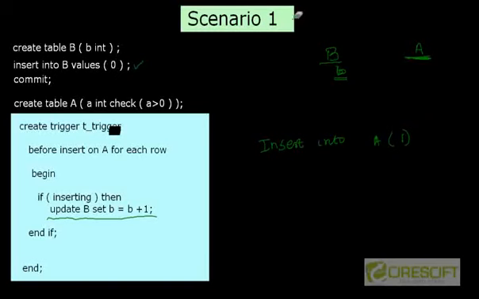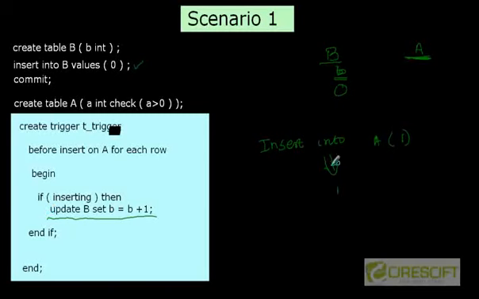Initially there is nothing in A, and the value of B is 0. What I'm trying to do is insert 1 into A. This basically leads to one more thing: it is going to insert 1 and also update table B with the new value.